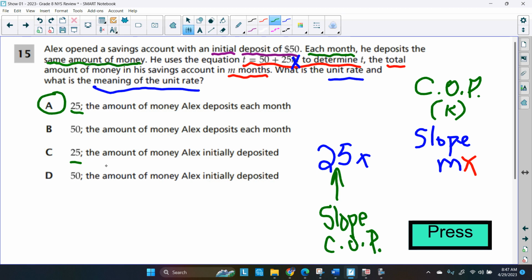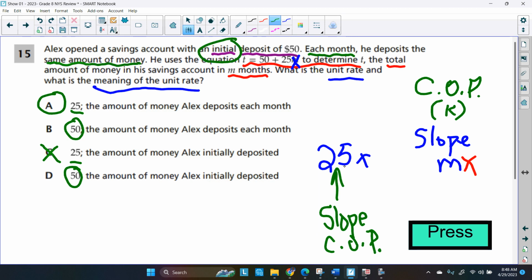But let me look down here and see. 25 is the amount of money Alex initially deposited? No. It said he initially deposited $50. So C is wrong. And I'm not even going to look at the other two 50s because they're wrong to begin with. The slope is 25, or the amount of money that he always deposited each month was 25.